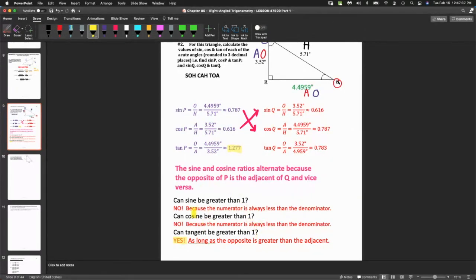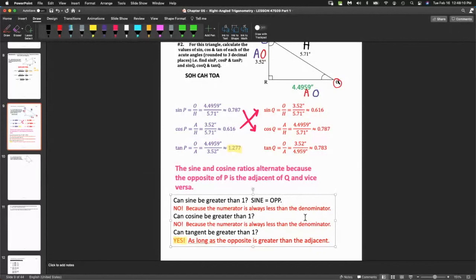But like you noticed, the first 2 questions, you cannot argue the first 2 questions strictly based on these calculations, because these calculations only represent one example out of an infinite number of examples. So to prove or disprove an argument or a statement like can sine be greater than 1 or etc., you need to think about the definition of sine. So we know that sine is opposite over hypotenuse.